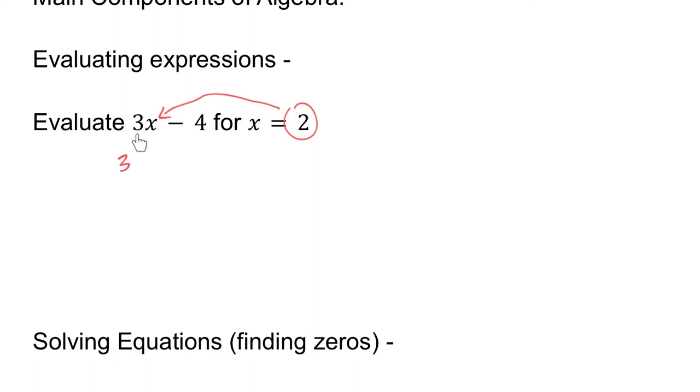So that's 3 times x minus 4, and x is, in this case, 2. So we have 3 times 2, and I'm going to put the 2 in parentheses here, and that also means 3 times 2. Because if I didn't put the parentheses there, if I have just 3, 2, that looks like it's 32. So to avoid that, we'll have 3 times 2, and then minus 4.